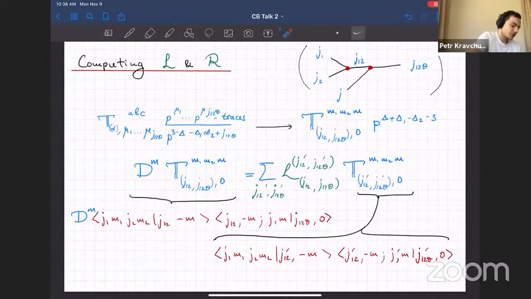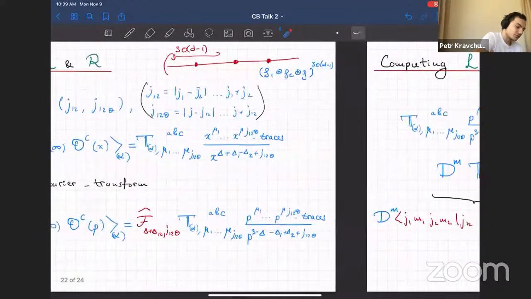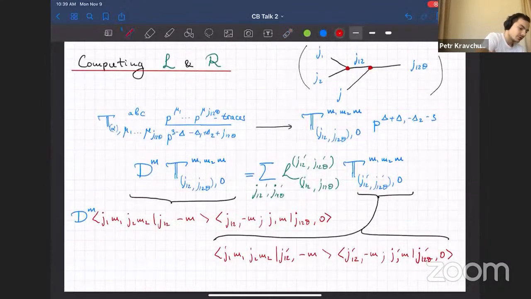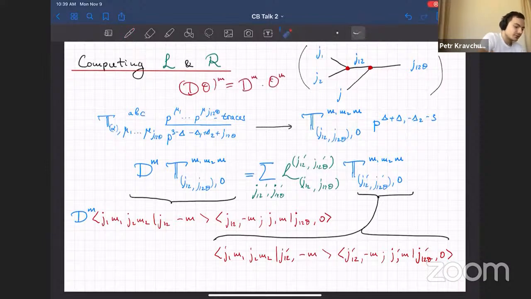So if you remember when I wrote this formula for D taking an O with index M, it was dm times OM. This was for M, which describes the projection of spin onto the momentum.